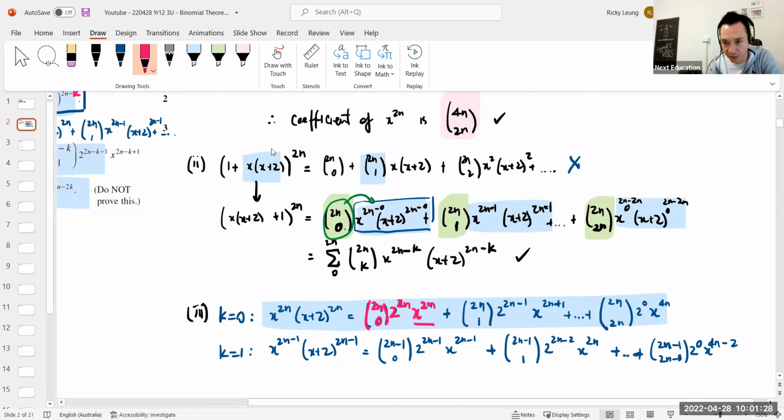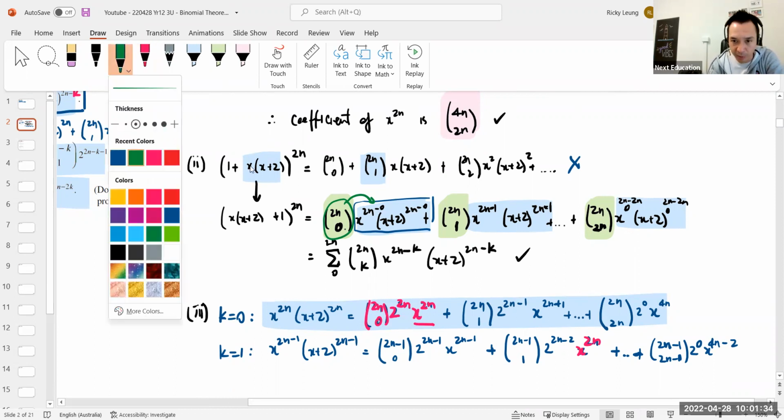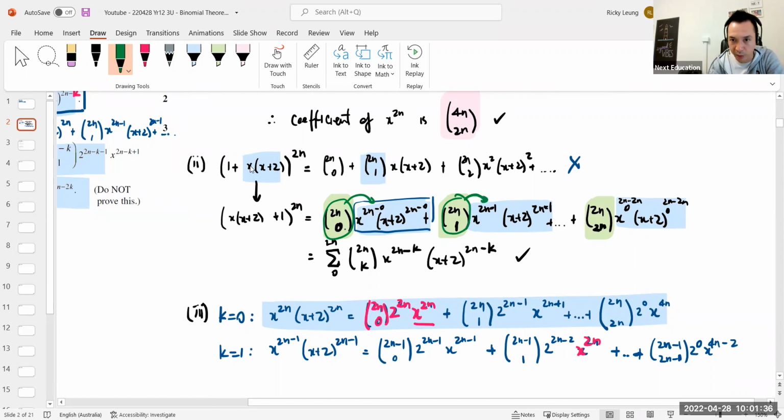I am after this term here, because in this next term on the expression, I have my green term and my combinatoric term, and it's going to multiply with this whole string of blue values. If I wanted to pluck out the coefficient of 2n minus 1, it's this guy. This is the constant that the green will multiply with this part of the pink. And so on and so forth.